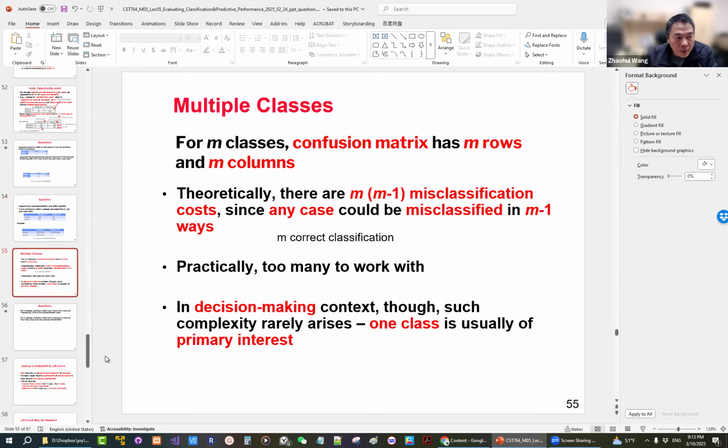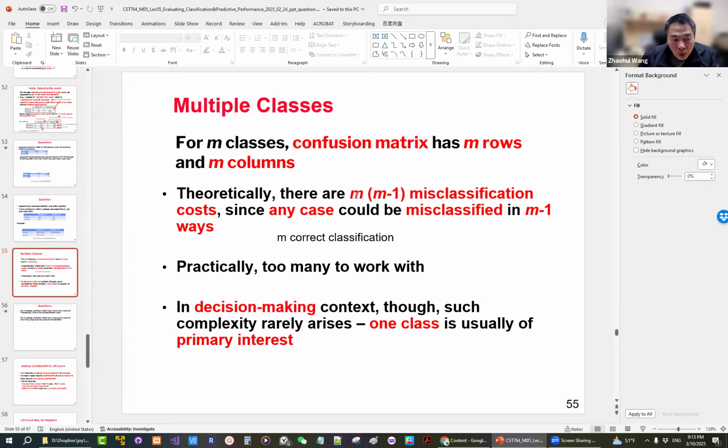Okay, this is the multiple classes case. We already discussed this in an example code. If we have M classes, then the confusion matrix will have M rows and M columns. In the previous confusion matrix, we had just 2 classes, 0 and 1, so 2 columns. If we have M classes, we have M columns and M rows.